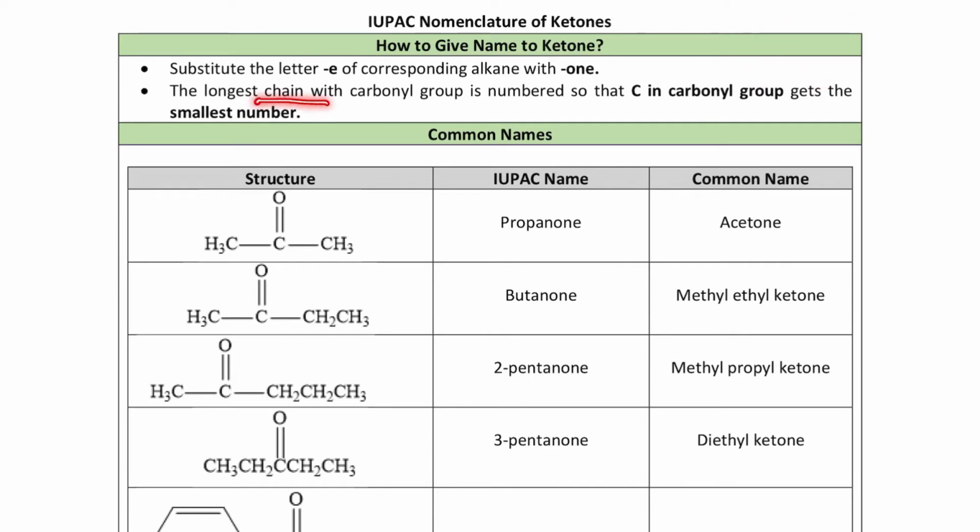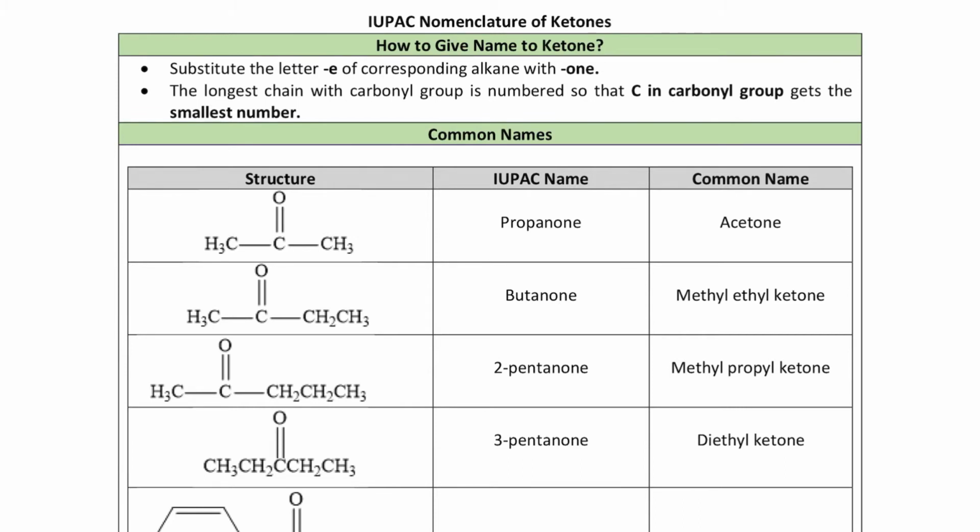The longest chain with the carbonyl group is numbered so that the carbon in the carbonyl gets the smallest number. For a ketone, the C double bond O can be in the middle or slightly to the right, but it is not at the very end.